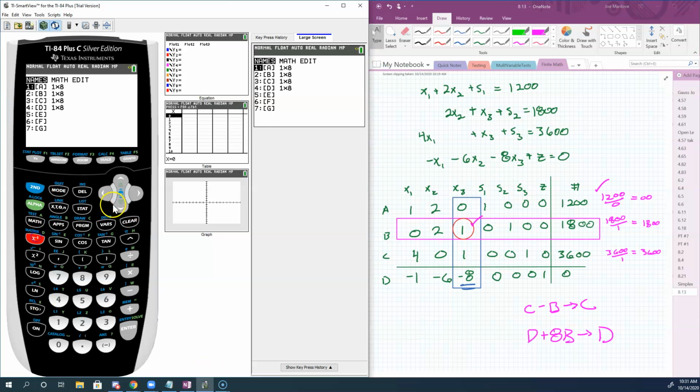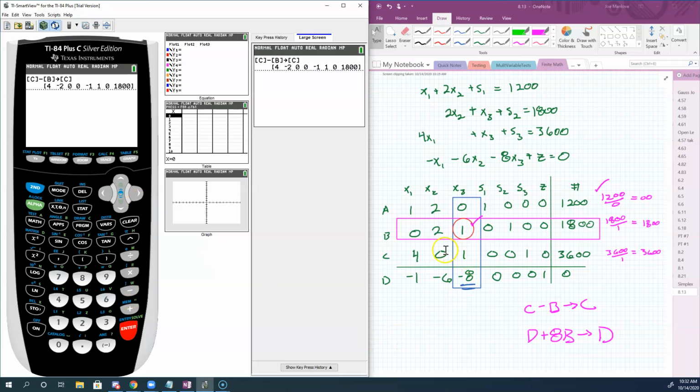So I'm going to do second matrix. I need to get C. I need to subtract. Go into my matrix area, get B. And then I want to hit the store arrow. And I want to put that into matrix C. This will just keep me from having to write these down all the time. Okay, I'm going to hit enter.